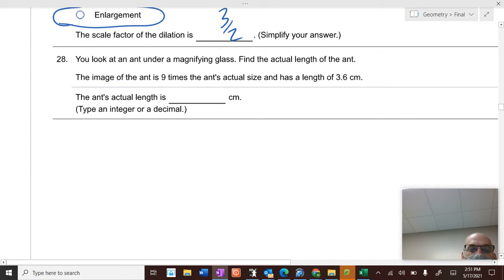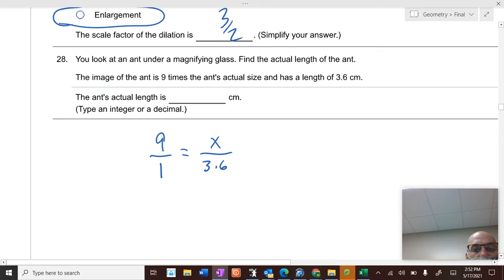Magnifying glass. Okay, you're looking at an ant under a magnifying glass. The ant is 9 times the actual size. So if you look at it, 9 times the actual size, and you know the image is 3.6. What's the real length of it?